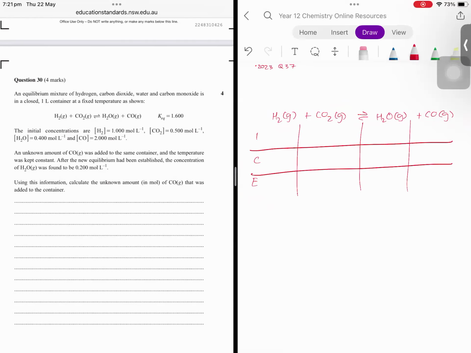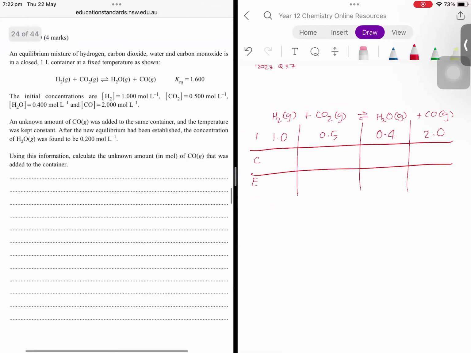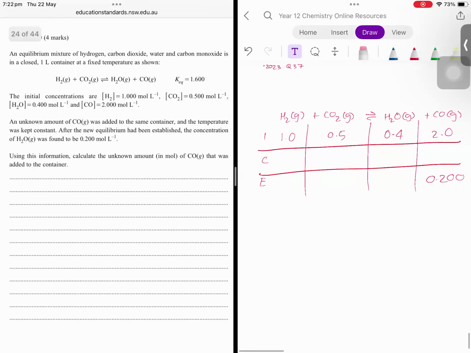They've actually given you all of your initial amounts. That was the sentence right underneath the equilibrium, so I can pop that straight in. It was 1.0, 0.5, 0.4, and 2.0. And then they also said after the new equilibrium had been established, the concentration of H2O was found to be 0.2. Oh, sorry, H2O, which is this one here.